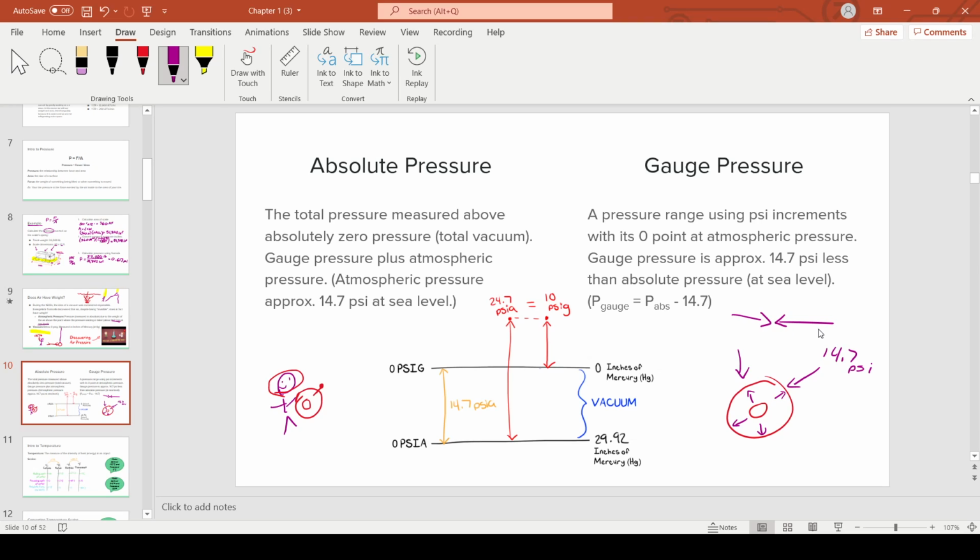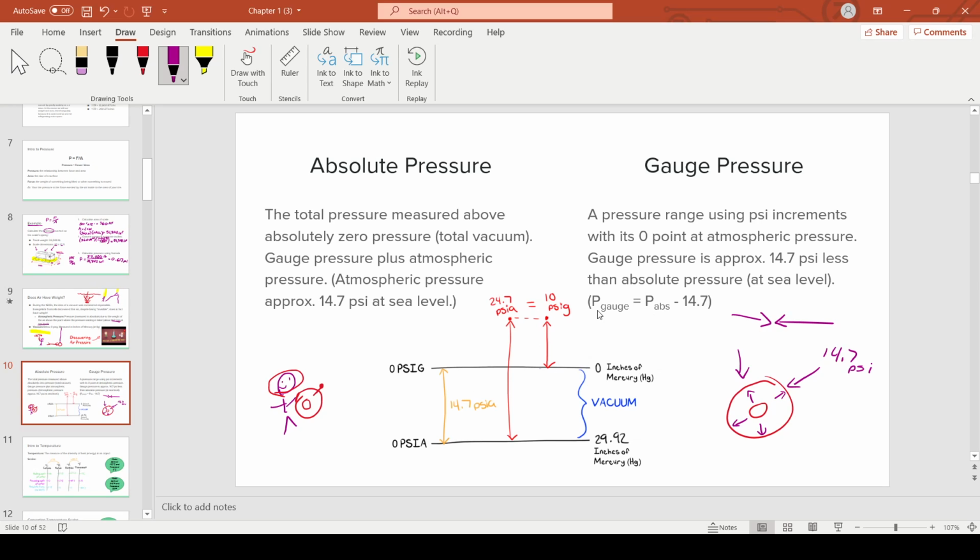So let me rephrase this, all right? Gauge pressure plus atmospheric pressure is your absolute pressure. Gauge pressure is a pressure range using psi increments with its zero point at atmospheric pressure, which is approximately 14.7 psi less than absolute pressure at sea level.